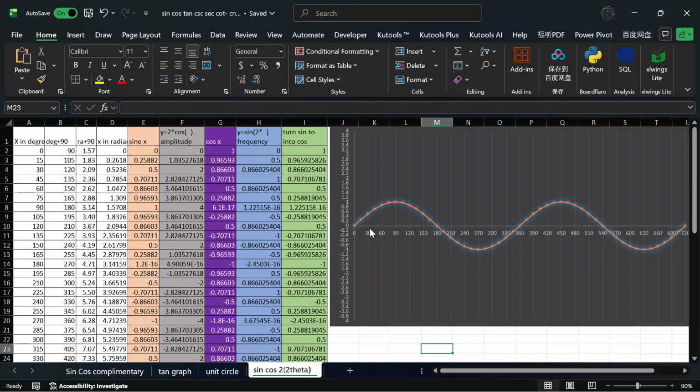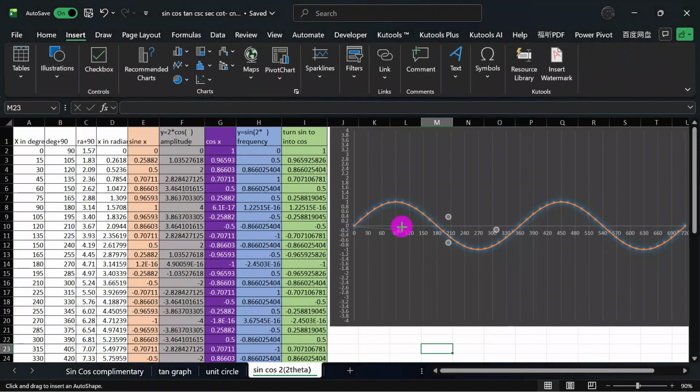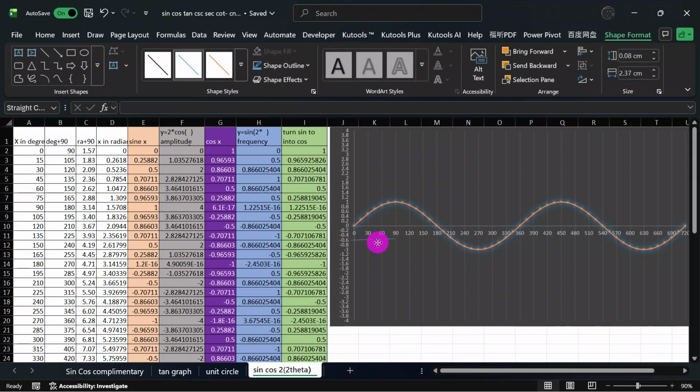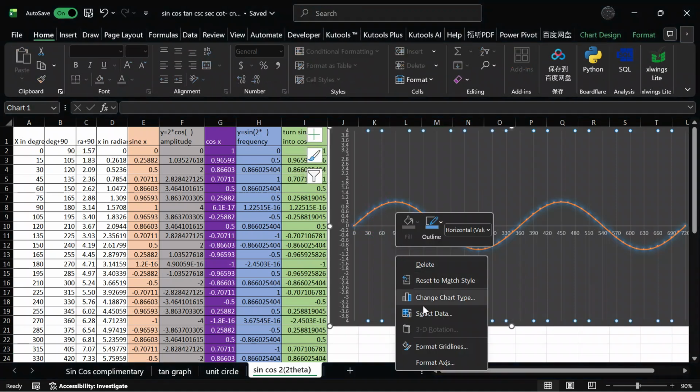So if you add 90 degrees, which is the span of this area, it becomes the cosine. It's overlapping, so we can just check it out quickly.